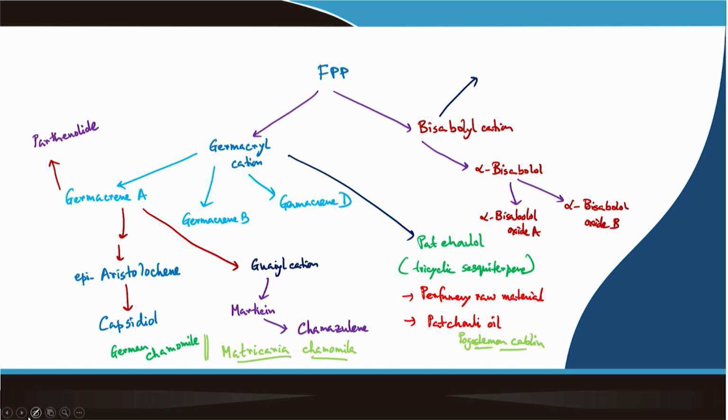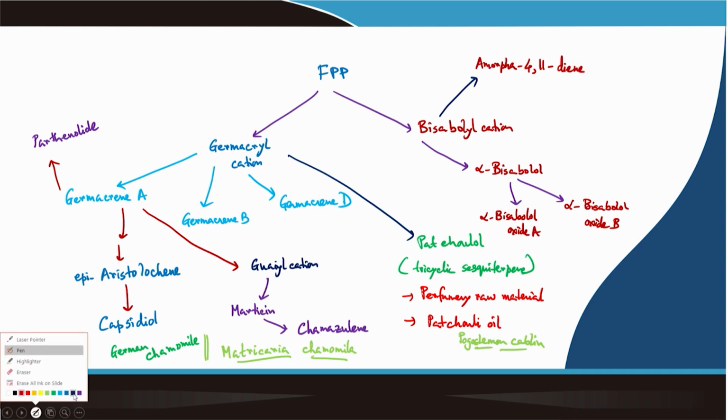So, this makes first amorpha-4,11-diene that is subsequently converted to artemisinic acid.